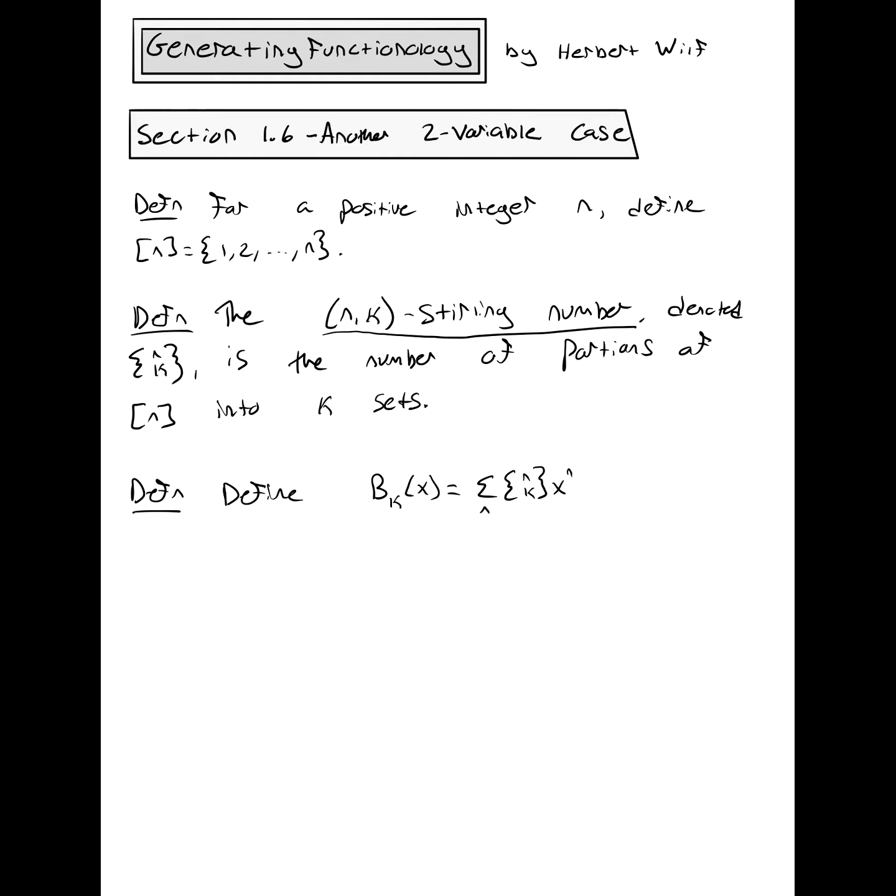And this is a generating function, our generating function for the Stirling numbers. And notice we're ranging over n. Sometimes it might feel more natural to range over k, but let's just start by fixing a k and ranging over n.